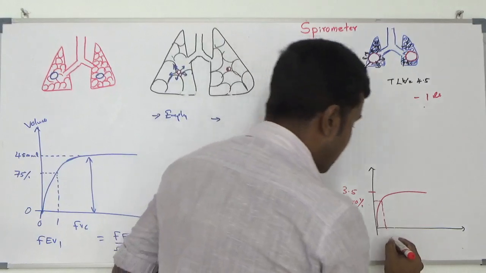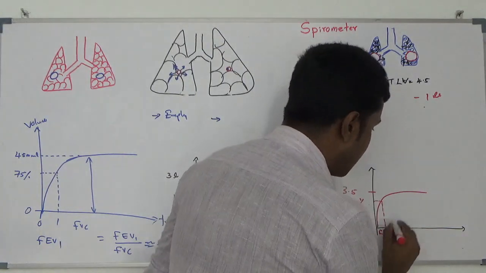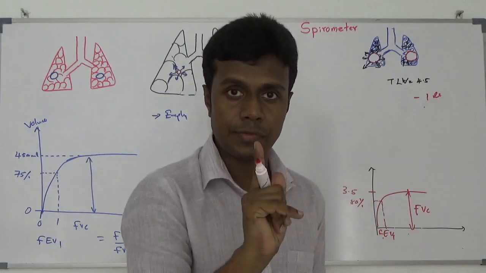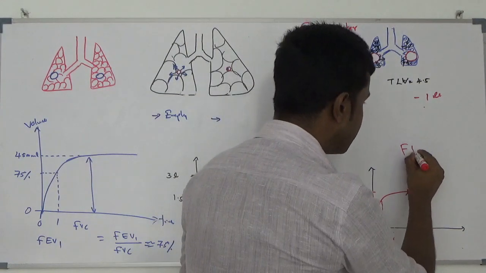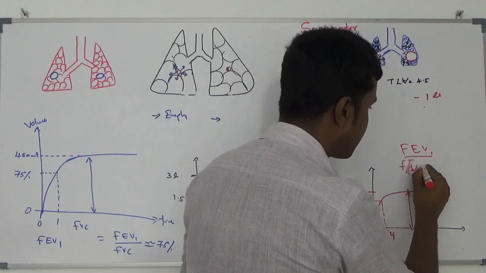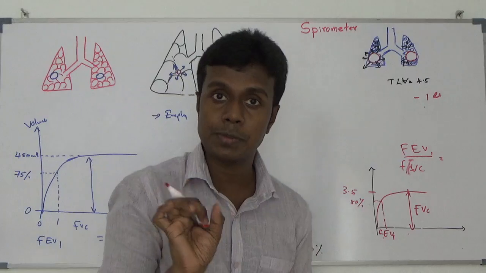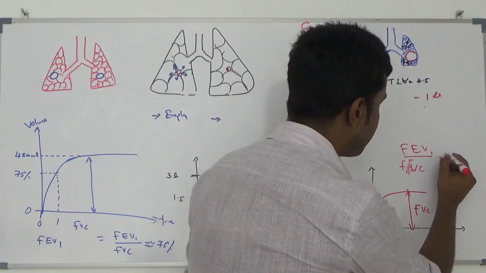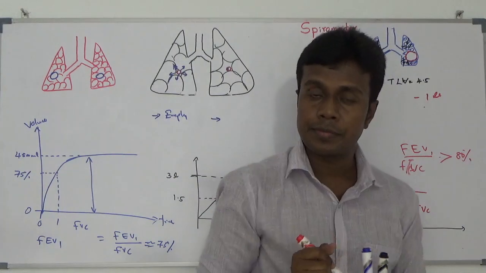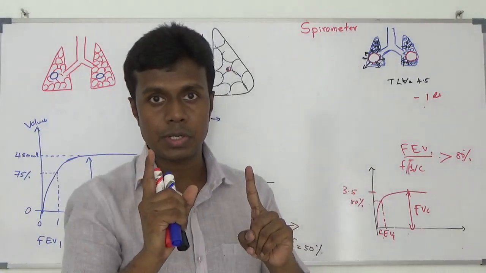So if you find a patient with this FEV1 and this FVC, with FEV1 divided by FVC more than 75%, or more than 80% as some books say, your patient has restrictive airway disease.